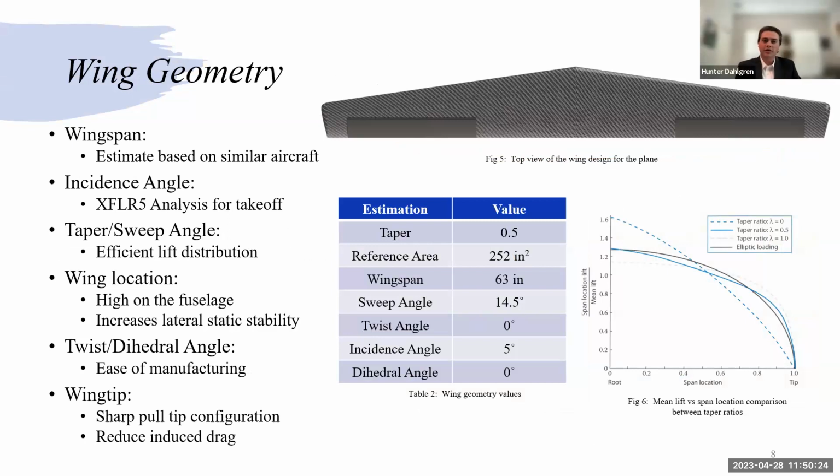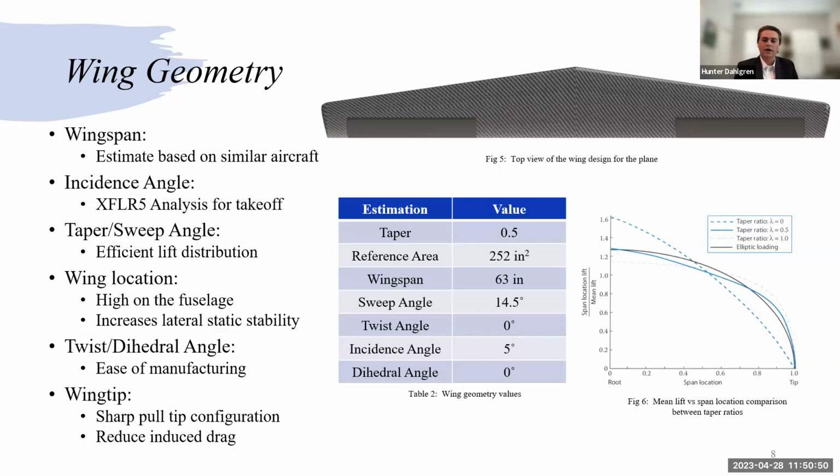So for our wing geometry, we first estimated the wingspan at 48 inches by looking at similar RC aircraft online. But after running XFLR5 analysis, we determined that we needed to increase the wingspan to 63 inches. And in this analysis, we found we needed an incidence angle of 5 degrees for takeoff.